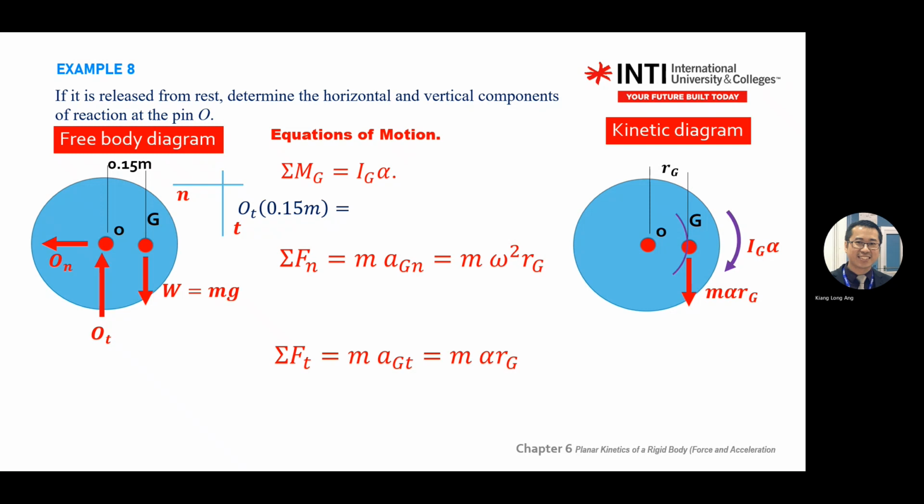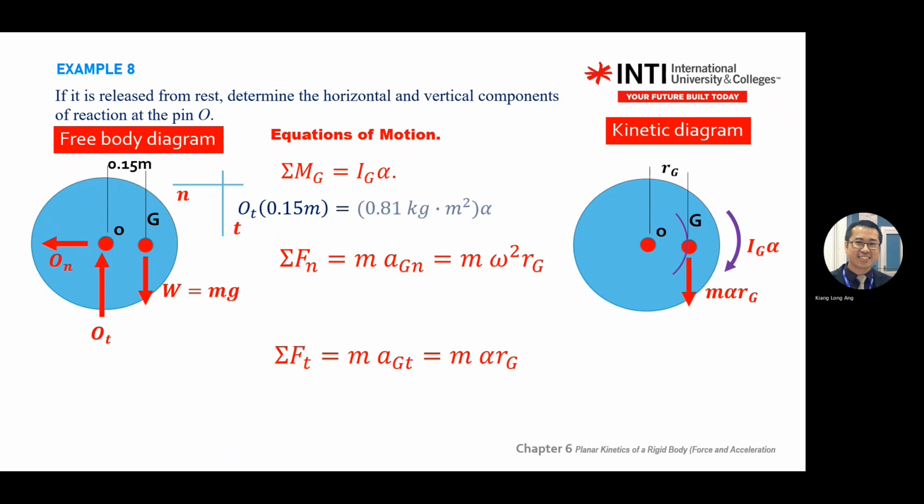And this one is clockwise. Why positive? Because in my case, I follow the rotation motion to be positive, although by default it's anti-clockwise. But to make my answer positive, I follow the acceleration direction or the object rotation direction. That's why I put positive here.